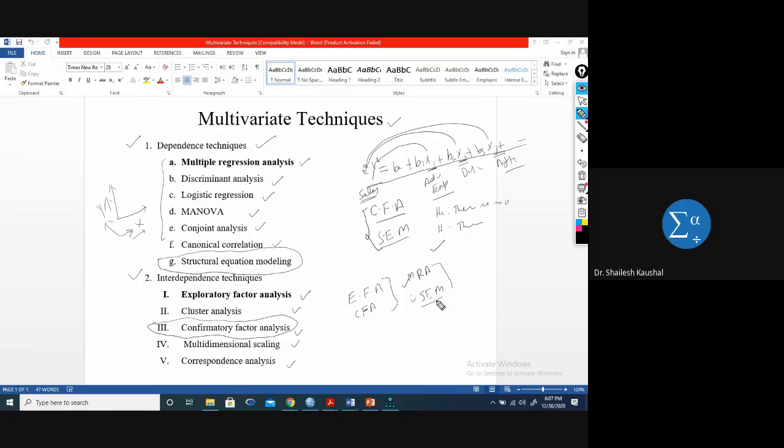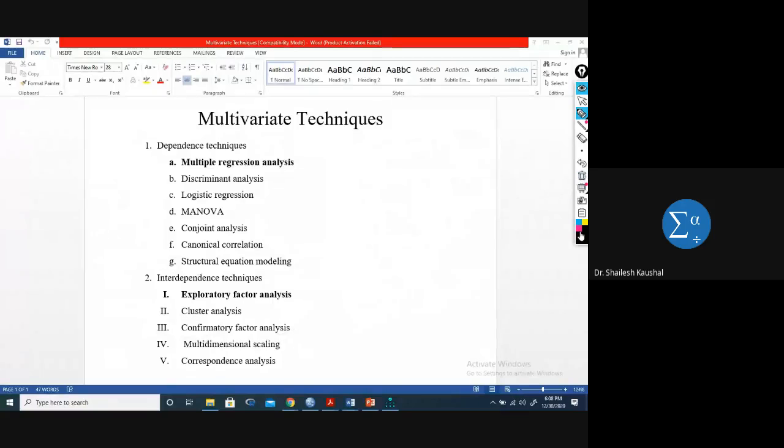Before applying structural equation modeling or CFA, we should understand the concepts of exploratory factor analysis and multiple regression analysis.